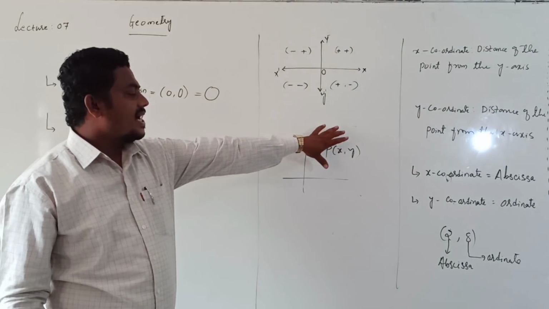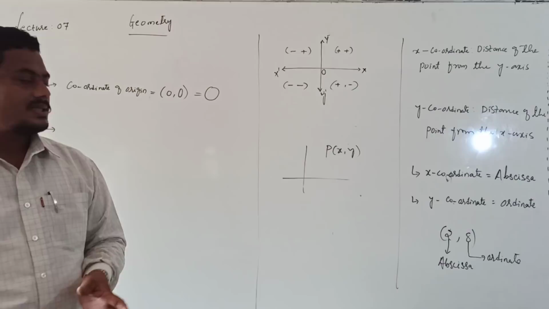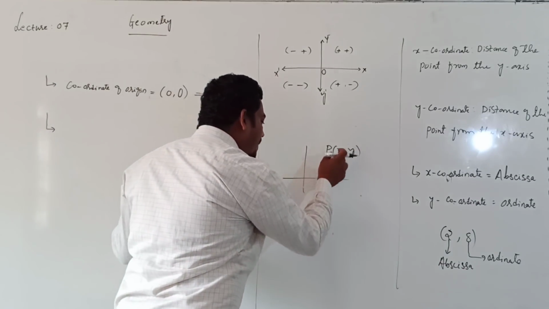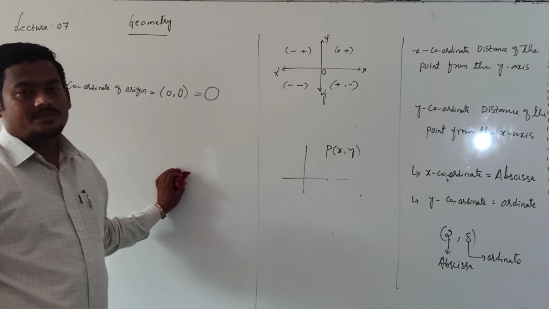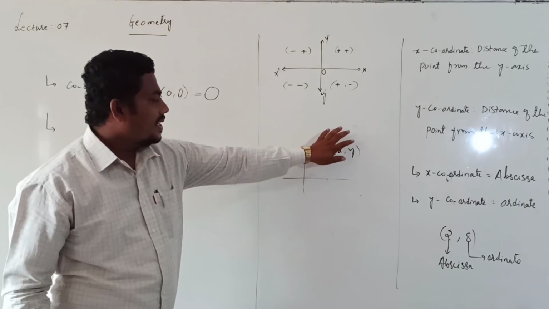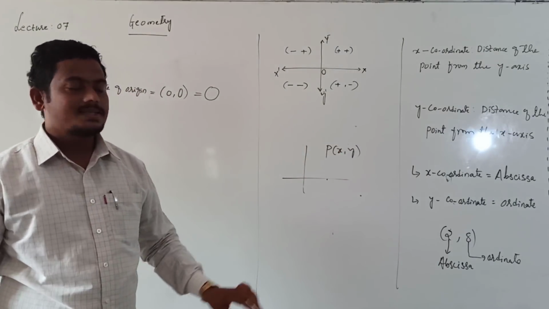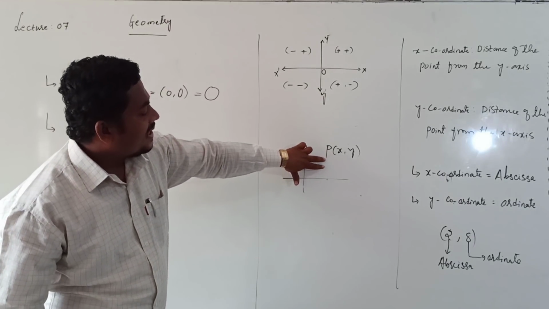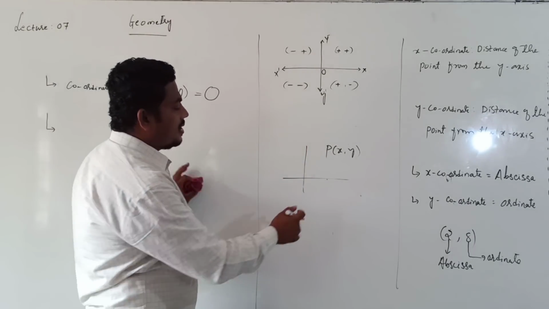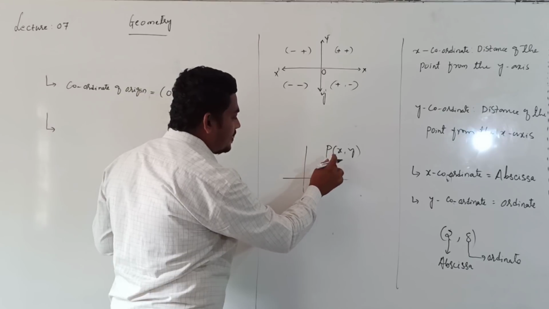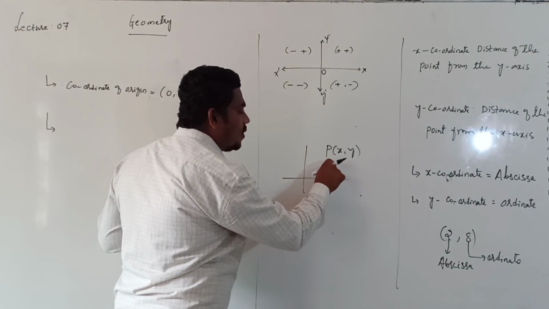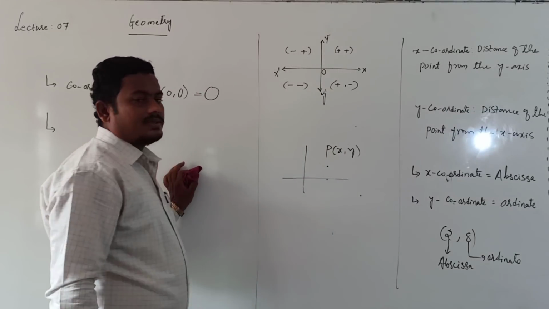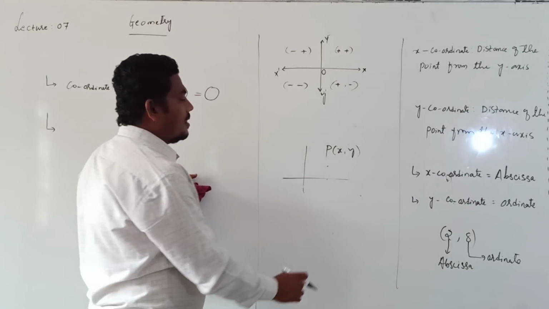If you take this point on the x-axis, then vertical distance becomes 0. Clear? If you take this point, then only y coordinate is reduced, x coordinate remains here.